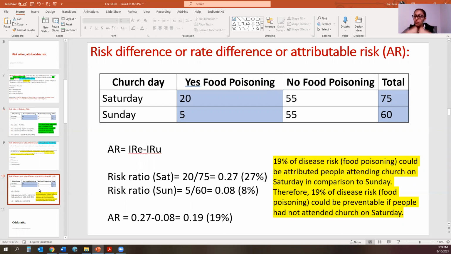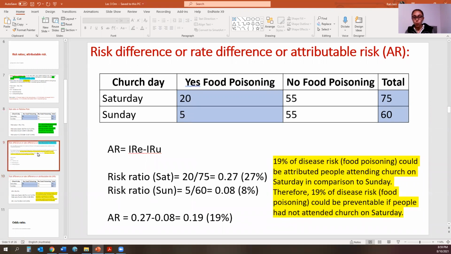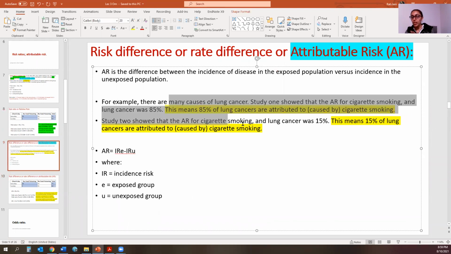What is the difference between the two groups? And because now you have calculated differences, there is a way and a style of reporting this result, and this is how it is reported. This style of reporting is what I also explained when I gave you the example of lung cancer, that smoking is attributed to 85% of lung cancer within study 1.